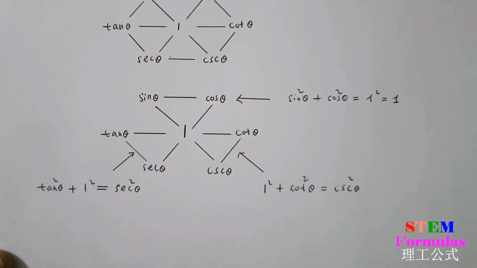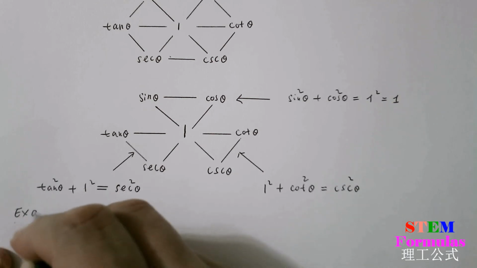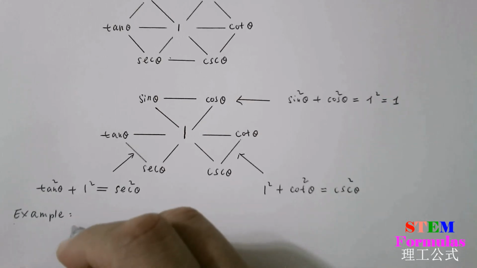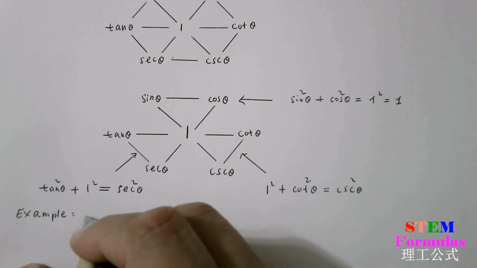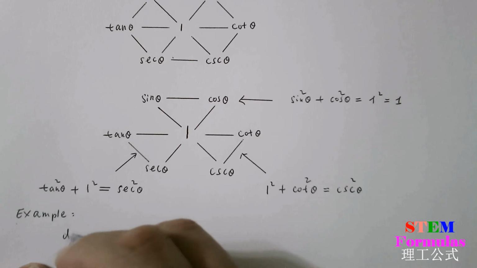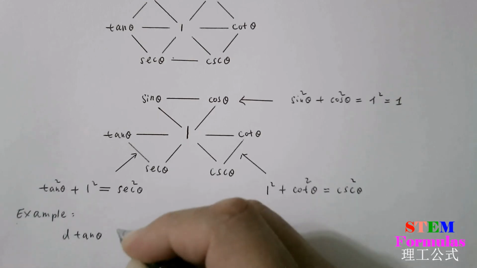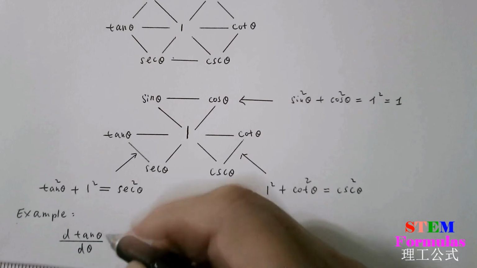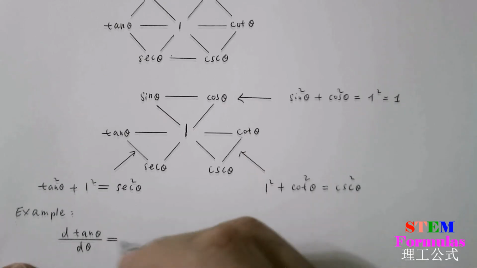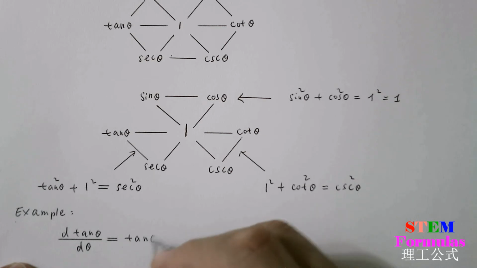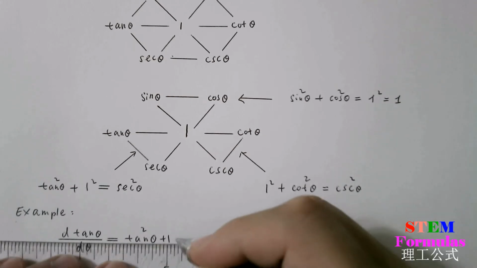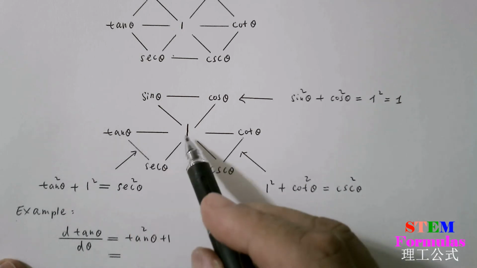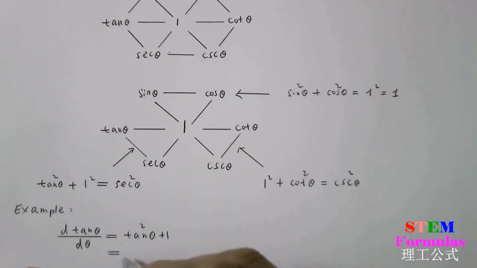For example, I give an example. The derivative d tangent theta over d theta equal tangent theta squared plus 1, so this square plus this square equal to bottom secant theta squared.